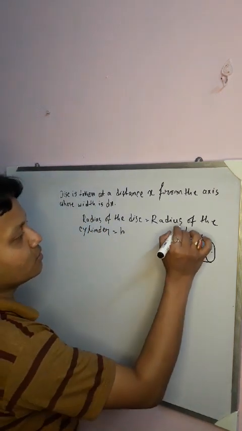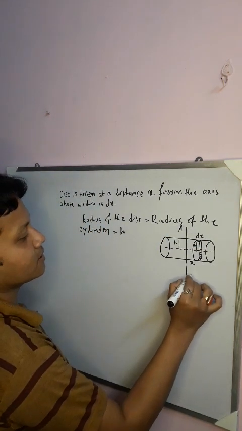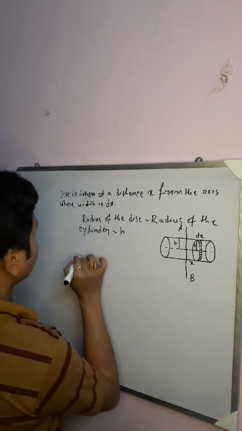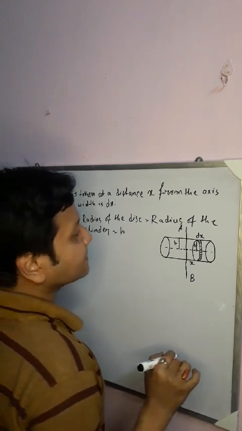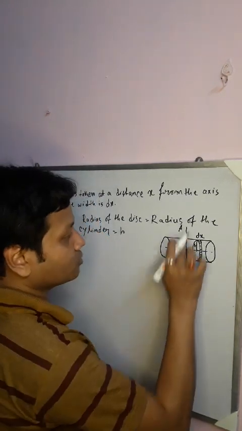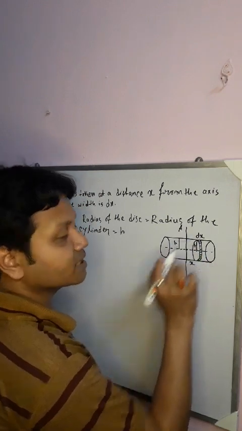Now we have to find the moment of inertia about the axis AB due to the elementary strip.